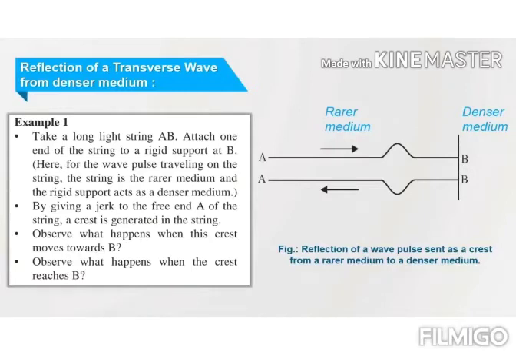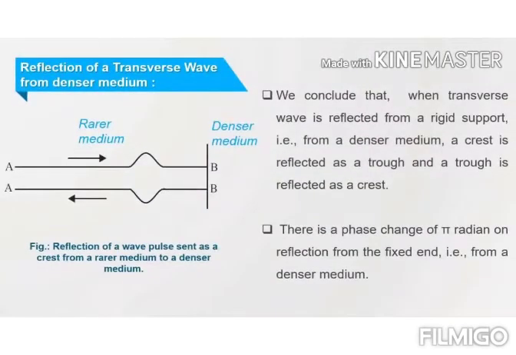Now, by giving a jerk to the free end A of the string, a crest is generated in the string. Now, observe what happens when this crest moves towards B. And secondly, observe what happens when the crest reaches B. In example 1, when the crest moves along the string towards B, it pulls the particles of the string in the upward direction.